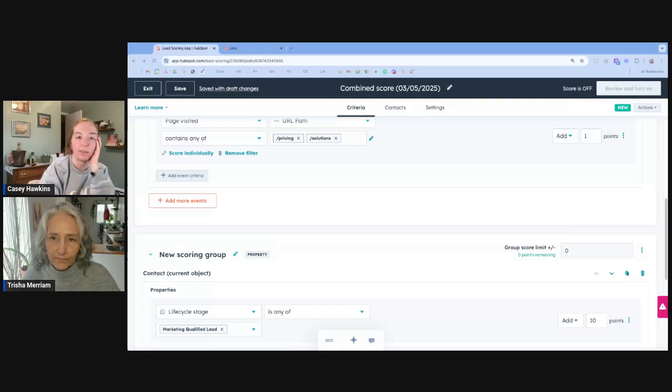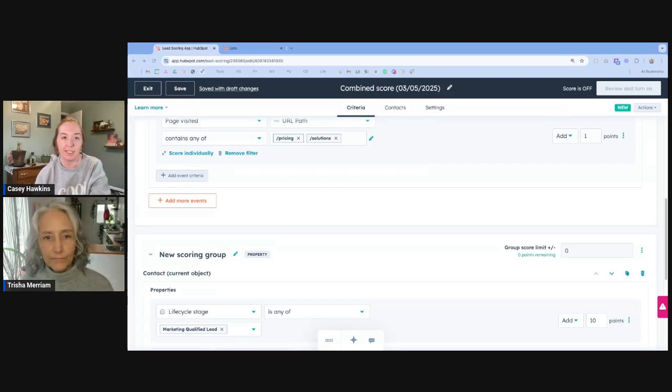I think if I was building a new one based on our conversation today, I would set up a workflow that says, if company, really, assuming that you're syncing your company lifecycle stages, I'm going to make that assumption.